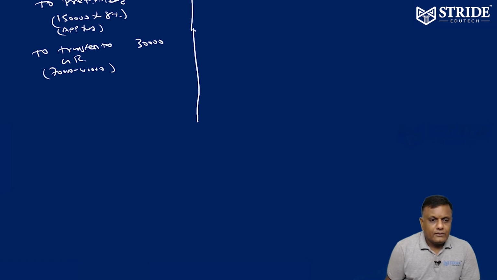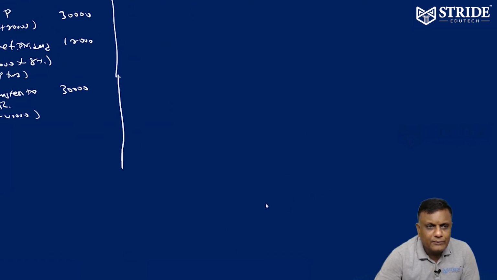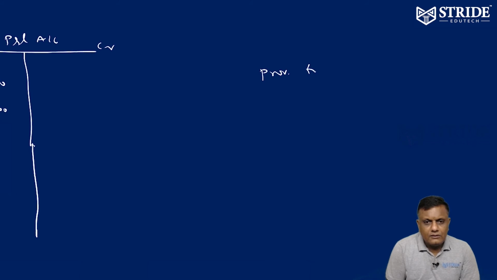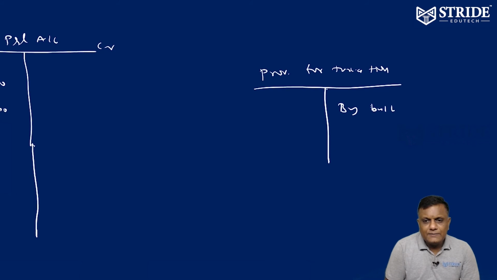Next, we will prepare separate notes for taxation. So provision for taxation. The format for provision for taxation: by balance brought down, because it is always a liability.